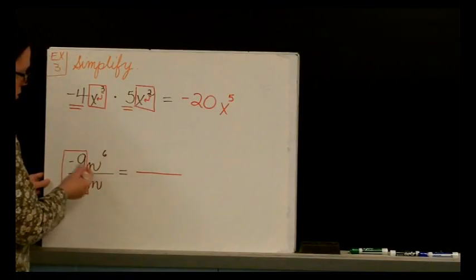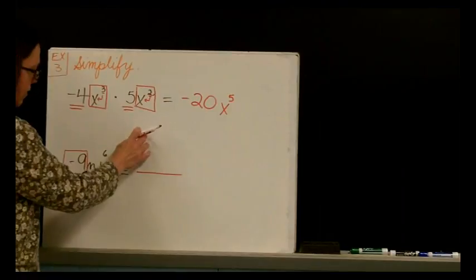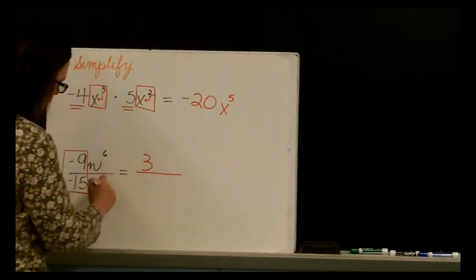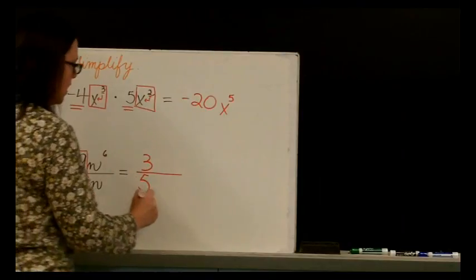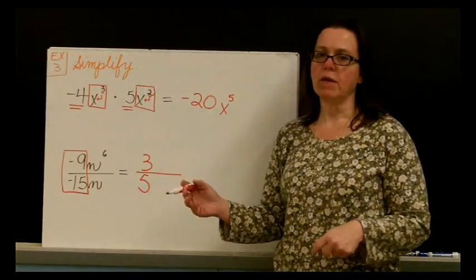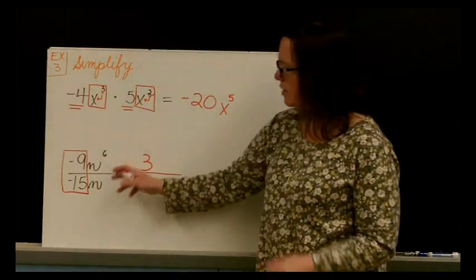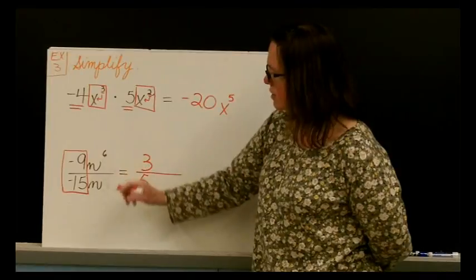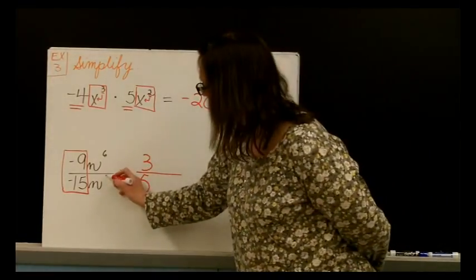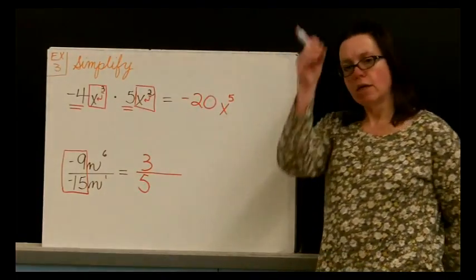The numbers 9 and 15 both have a 3 as a factor. 3 goes into 9 3 times. It goes into 15 5 times. So we have our coefficients simplified. Now we have to take care of the variable terms that have the exponents. N to the 6th power divided by n, which I like, especially for beginners, to write in the exponent 1.